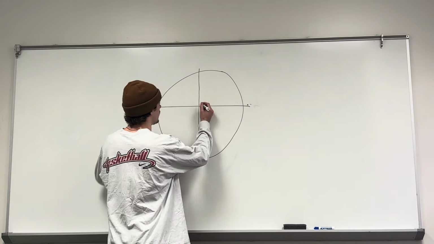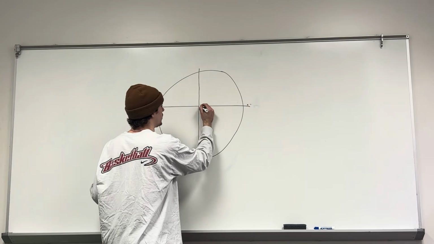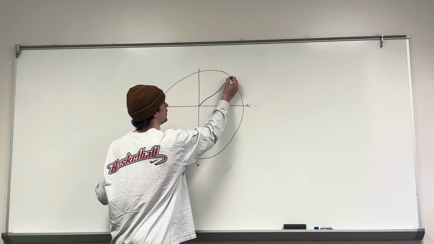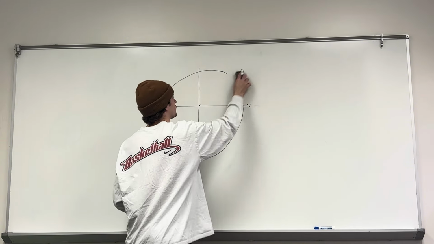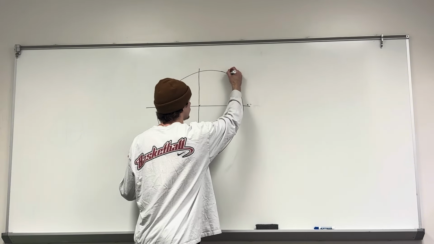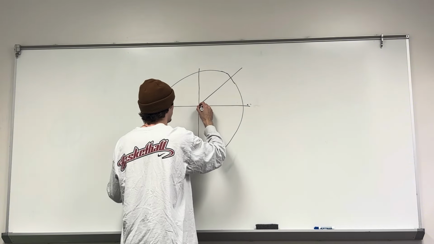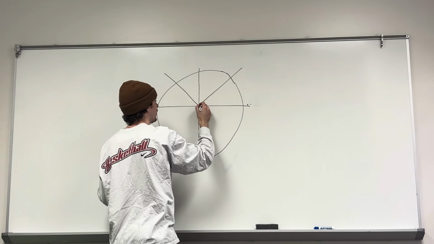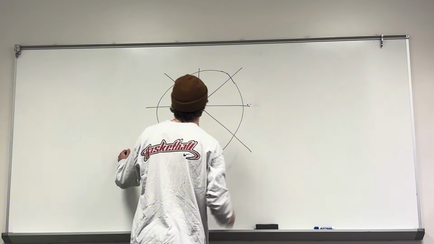Okay, so in this, we're gonna split up. We can see that we have like 4 different sections. We're just gonna split them up into halves. So this is a half of this, a half of this, and a half of this.